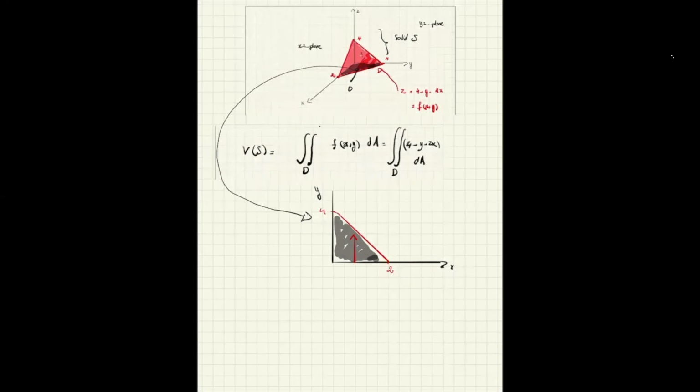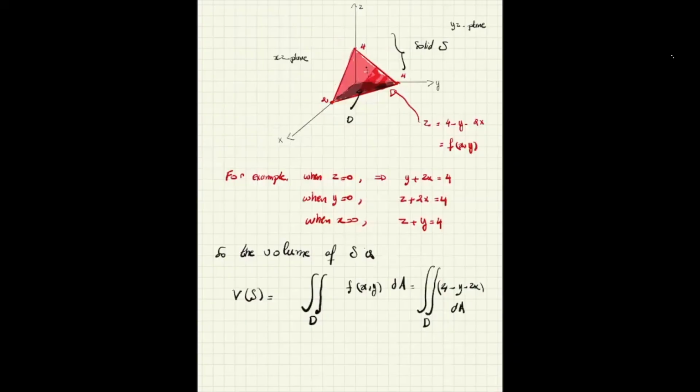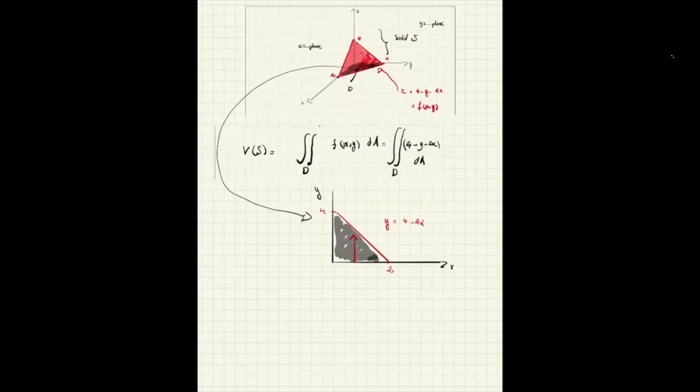It was z equal to 0, so this is y equal to 4 minus 2x. Remember, that was z equal to 0. This was the line, right?